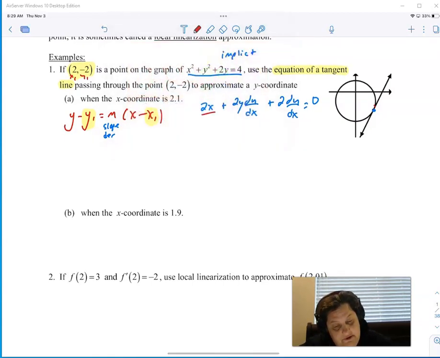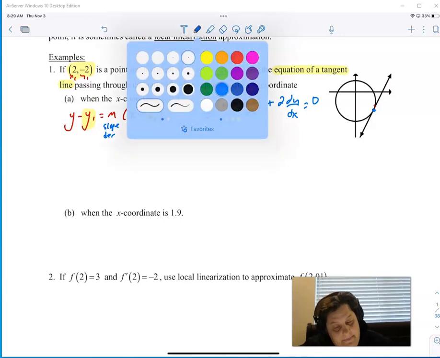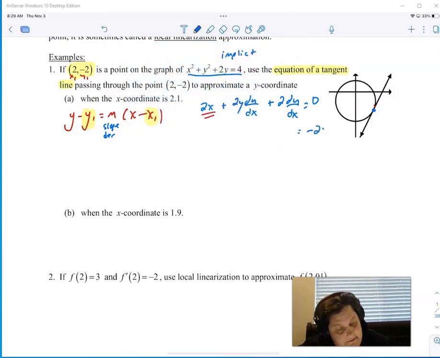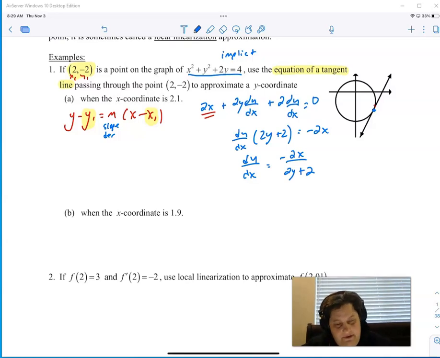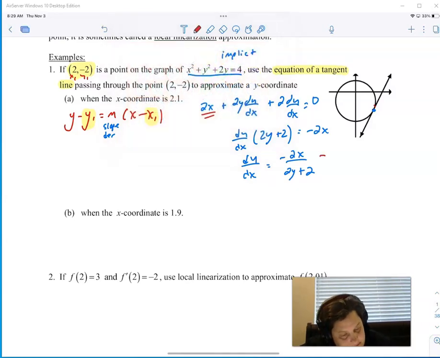I'm going to subtract that to the other side, so I get negative 2x. I'm going to factor out a dy dx, and so I end up getting dy dx is negative 2x over 2y plus 2. I could reduce that by 2's if I wanted to, but I don't really need to.